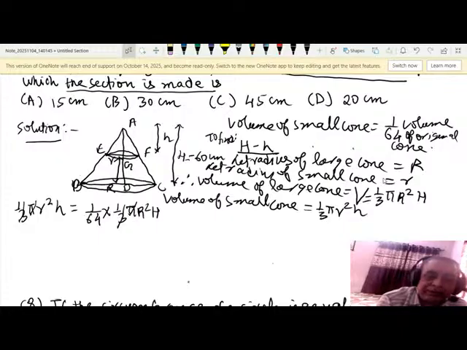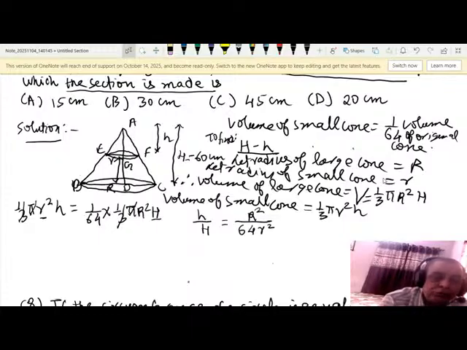So now what we have is small h divided by capital H. Taking capital H to the left side and bringing small r squared to the right side, that is capital R squared upon 64 times small r squared.